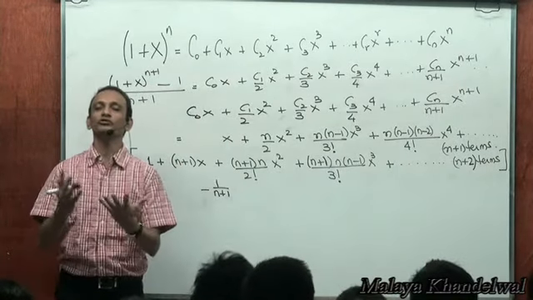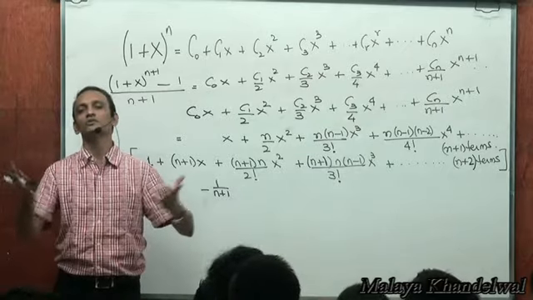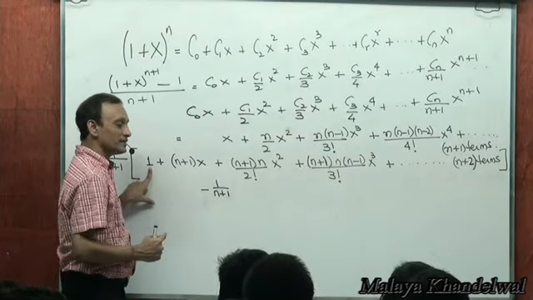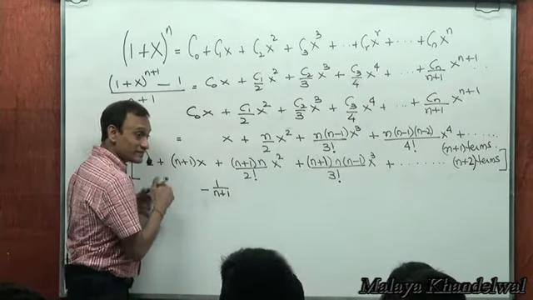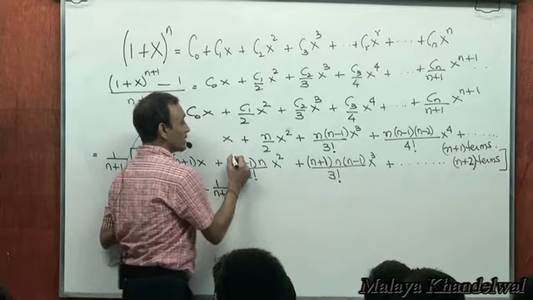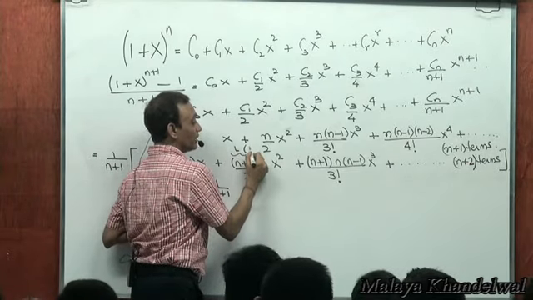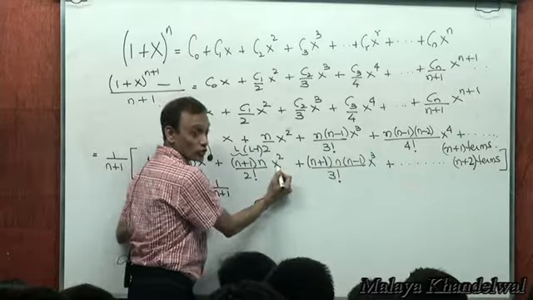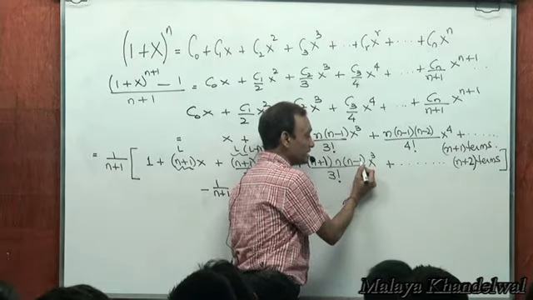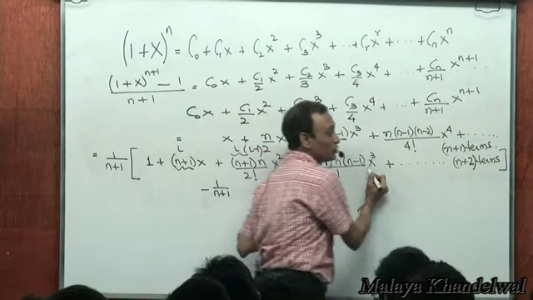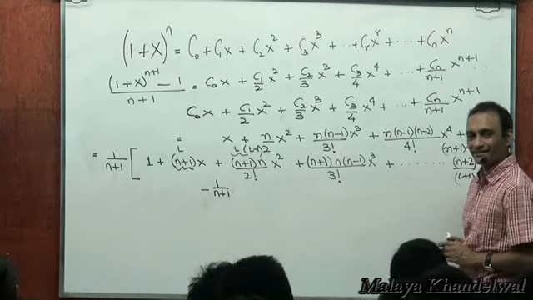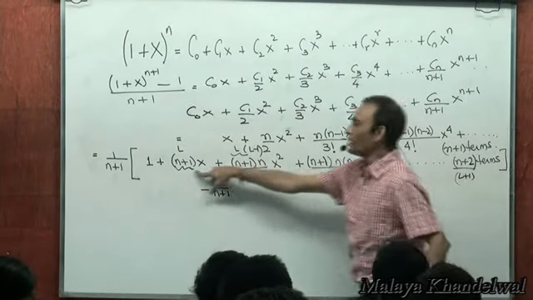Now, all that you need to do is to read it with love and affection. 1 plus, this is my new n, 1 plus n into x plus n into n minus 1 by 2 factorial into x squared, n into n minus 1 into n minus 2 by 3 factorial x cube. Number of terms are n plus 1, 1 more than n; n plus 2 is 1 more than n.